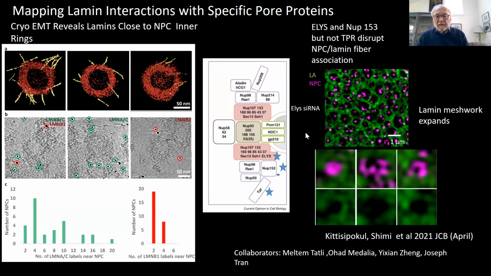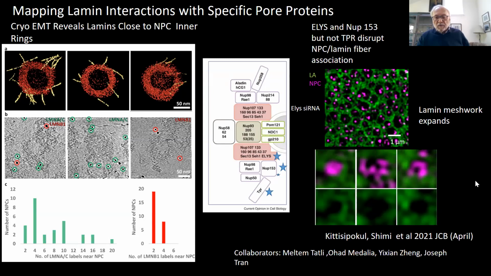And in summary, without giving you again all the details, which are going to be in this JCB paper, we can show that when we silence ELYS, the pores seem to come off the fibers and cluster in the center of the face.